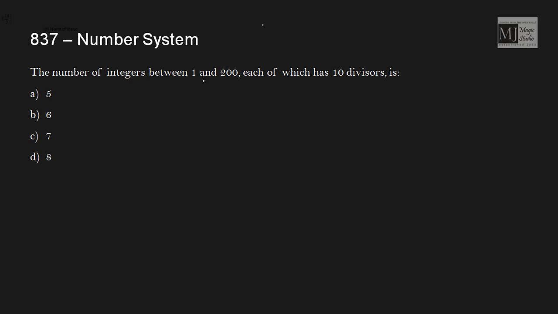The number of integers between 1 and 200, each of which has 10 divisors. Now, what is the concept of finding the divisors? Suppose my number is written as p1 to the power a1 into p2 to the power a2, where p stands for prime number.